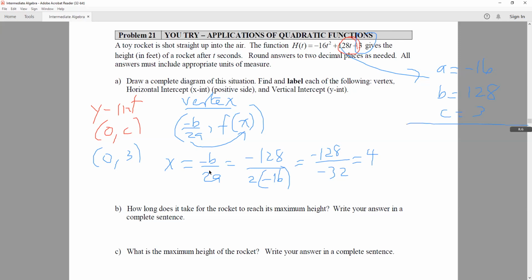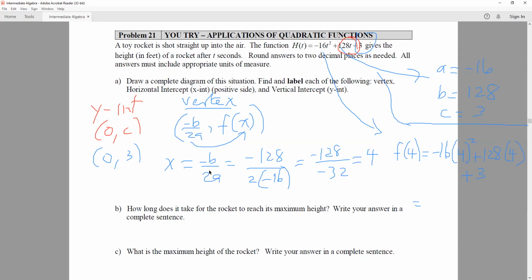So if x is 4, then we put that into the function to get our y. So f of 4 is going to be negative 16 times 4 squared, plus 128 times 4, plus 3. I'm going to change this to black, the blue isn't coming out well.